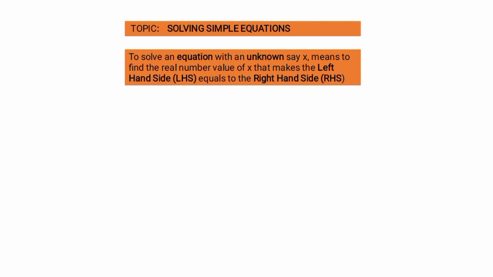Remember, I talked about an equation having a left hand side and a right hand side. So to solve an equation, you have to look for a value that, when you replace the unknown with that number, makes the right hand side and the left hand side equal, making it balanced.